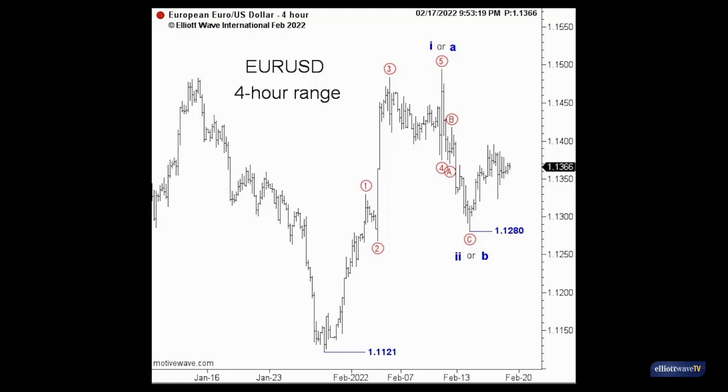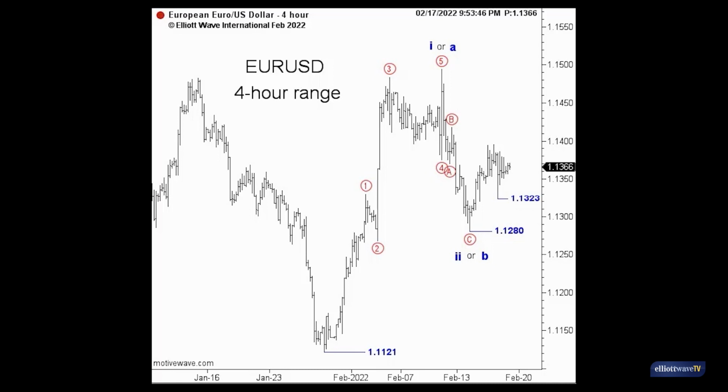And while I won't show it here, as part of our intraday service, we were looking at shorter term charts, 15-minute and hourly charts. The setback that started from around 114 ended after 3 waves, just like the setback from near 115 down to 112.80. So we could make the case that perhaps we should use 113.23 as a new low to work against.